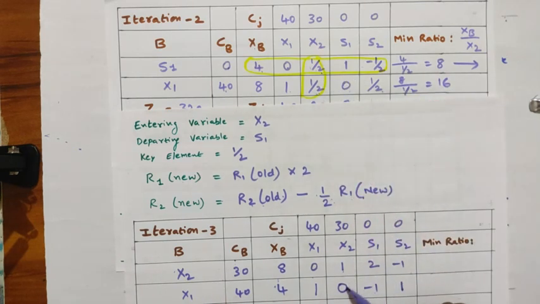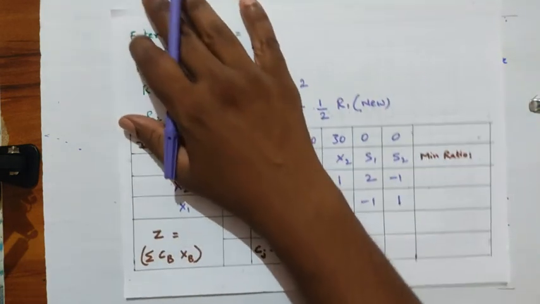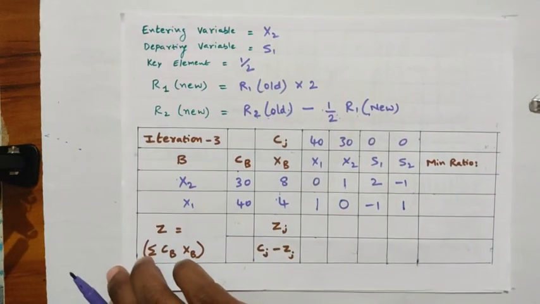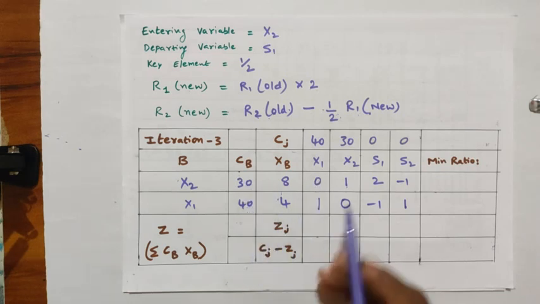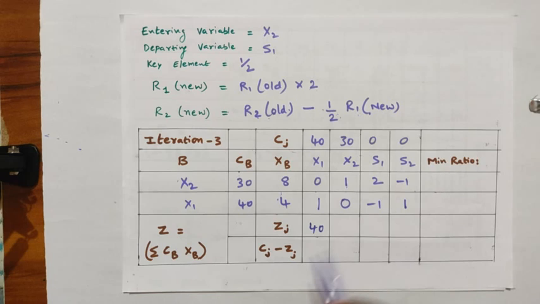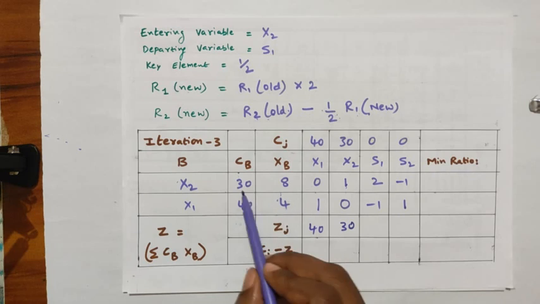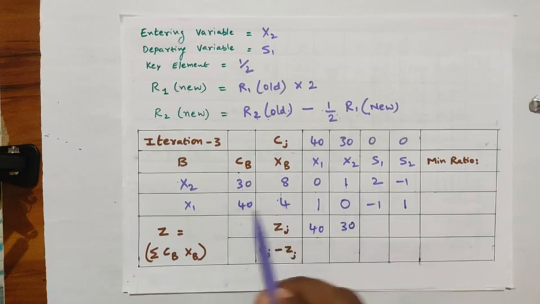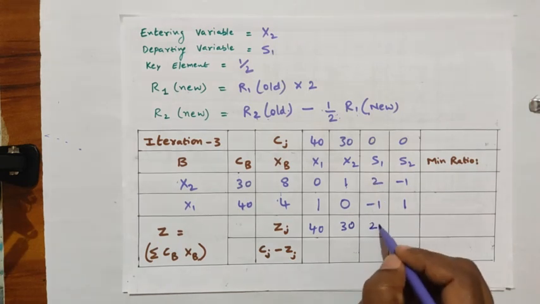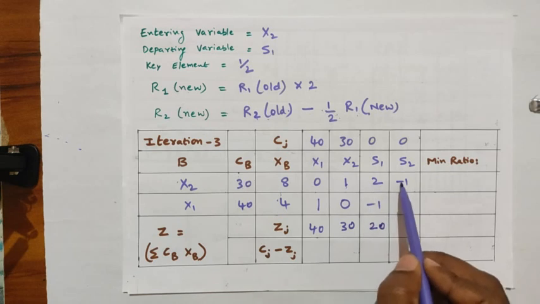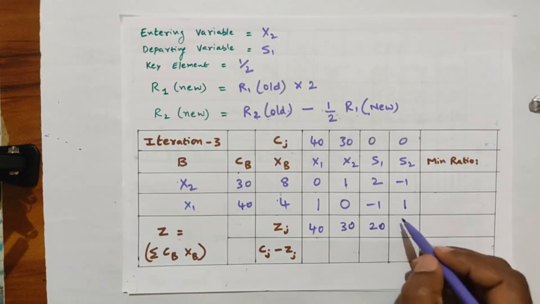And further we can calculate the values like Zj is equals to Cb into x1, 30 into 0 plus 40 into 1, we will get 40. 30 into 1 plus 40 into 0, that is 30. 30 into 2, that is 60, plus 40 into minus 1, minus 40. 60 minus 40 is 20. And 30 into minus 1, minus 30, plus 40 into 1, 40. Minus 30 plus 40, we will get 10.